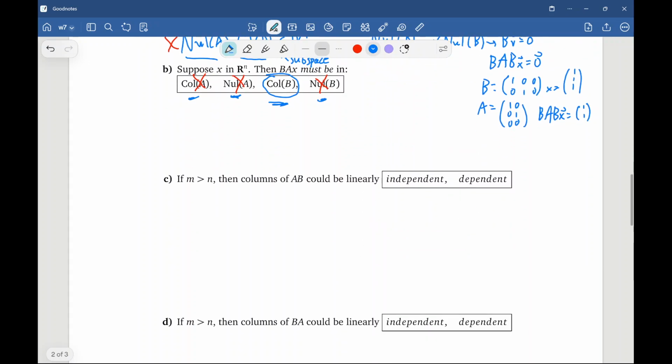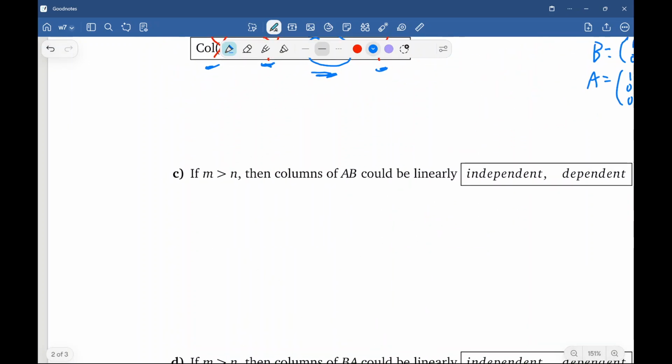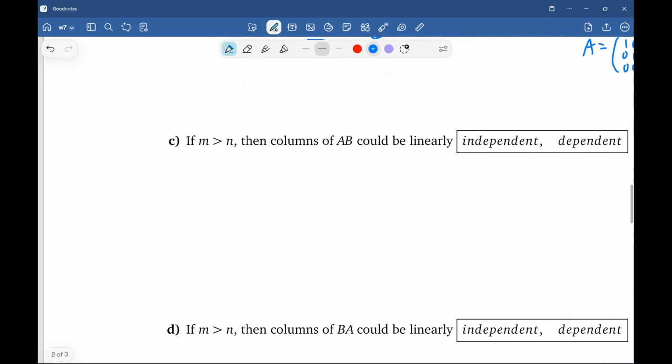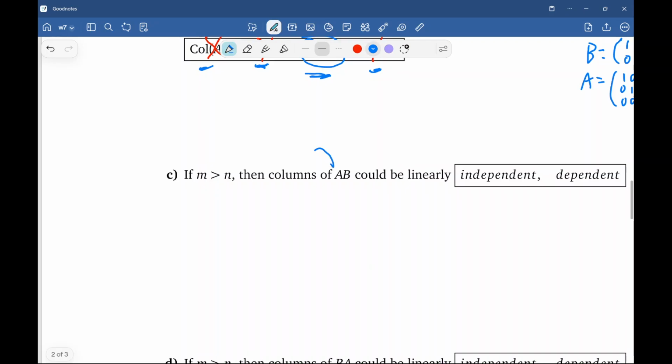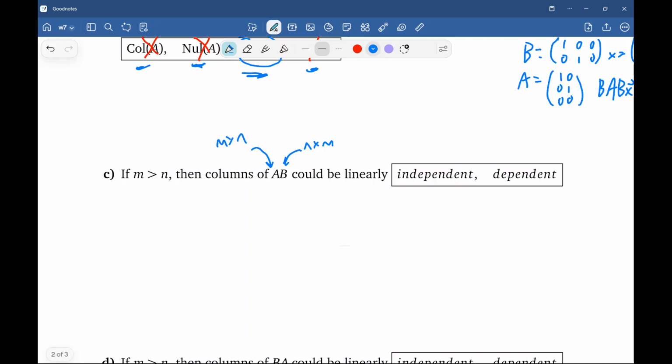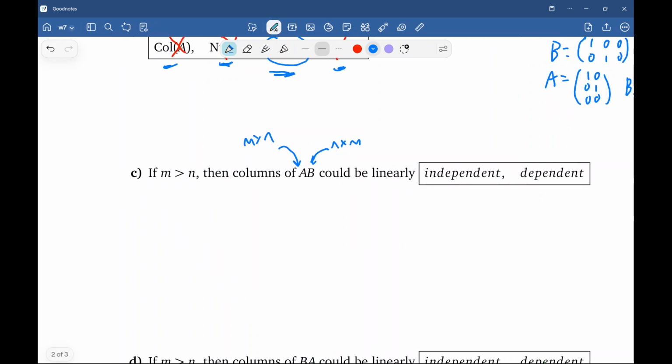So I'll do part C first. I'm going to write down again, A is m by n, B is n by m. We're asking about the columns of AB. Let's work out what those columns are.